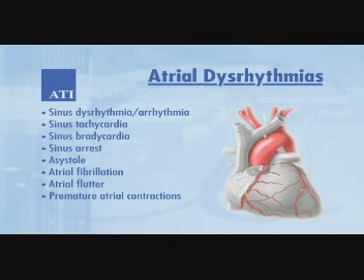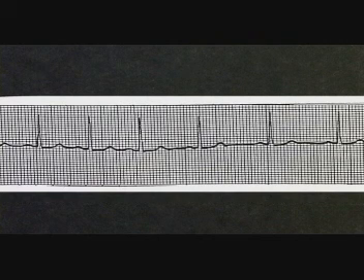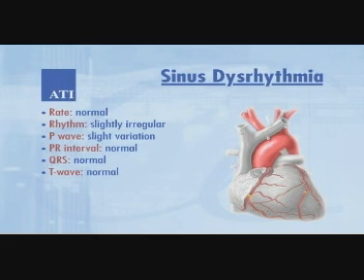Atrial dysrhythmias include sinus dysrhythmia or arrhythmia, sinus tachycardia, sinus bradycardia, sinus arrest, asystole, atrial fibrillation, atrial flutter, and premature atrial contractions. We'll go through examples of each of these, starting with sinus dysrhythmia. Sinus dysrhythmia. Rate, normal. Rhythm, slightly irregular.